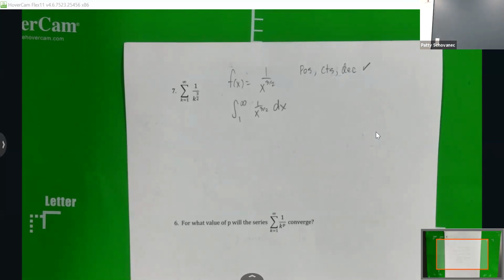Does your integral converge or diverge? It does converge. Let's quickly integrate that together.